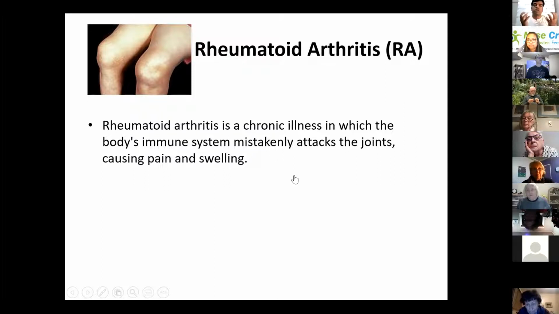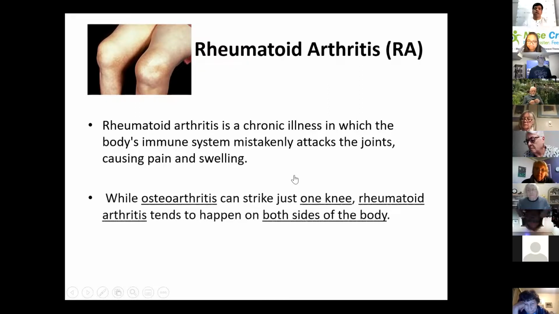So it will start with small joints like fingers, wrist, toes or ankles, and it can spread to the knee as well. Okay. So this is the common presentation of rheumatoid arthritis. Generally, what we see is lots of pain, redness, swelling, and limitation with movements.